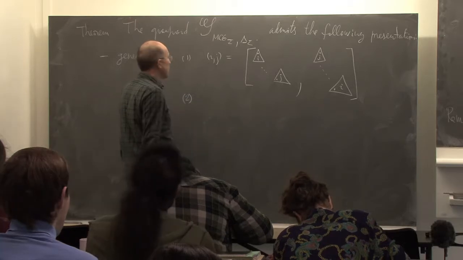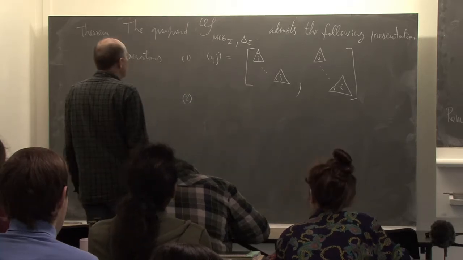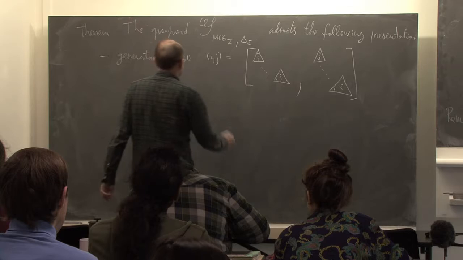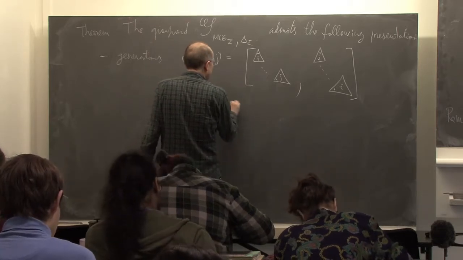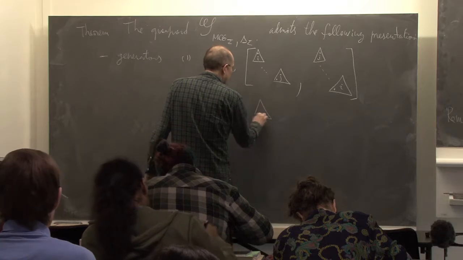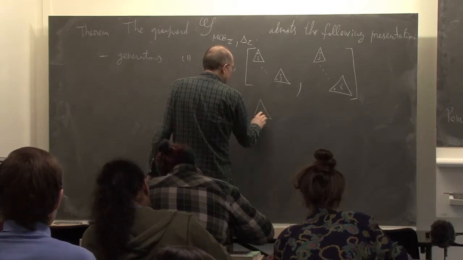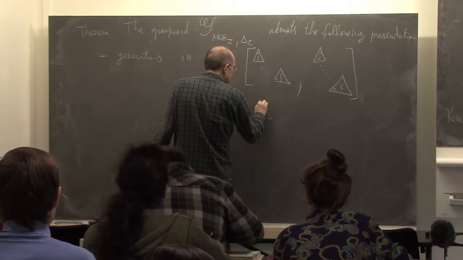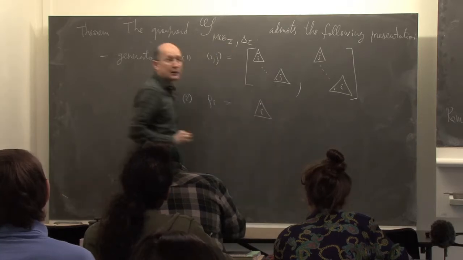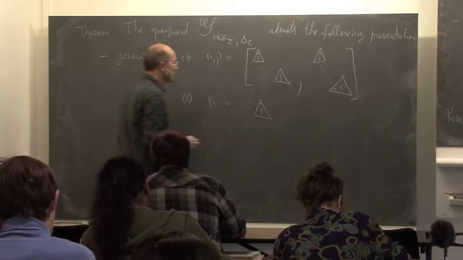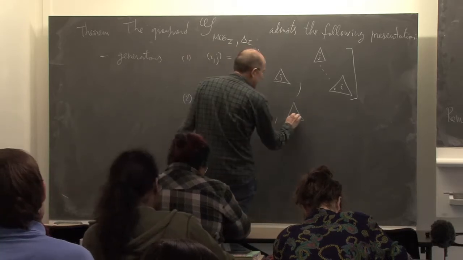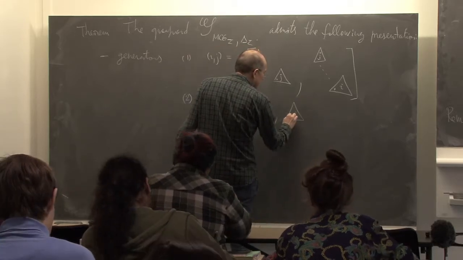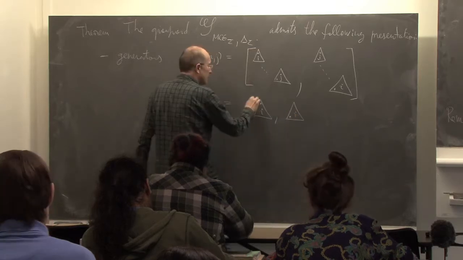Second set is change of corner. So it will be rho i. So I specify a triangle with index i, which carries a marked corner. And then I change the triangulation by rotating the marked corner in a counterclockwise way.